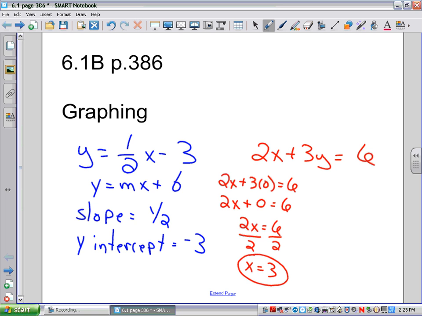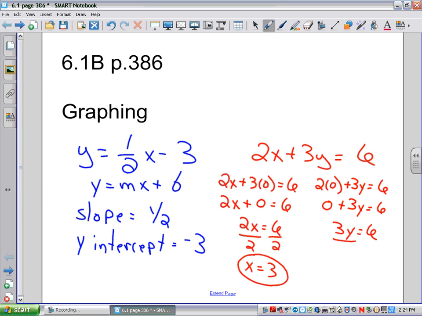But I have to do all that work again, this time putting a 0 in place of the x. So it's going to read 2 times 0 plus 3y is 6. And 2 times 0 is 0, and you don't need that 0, so 3y is 6.